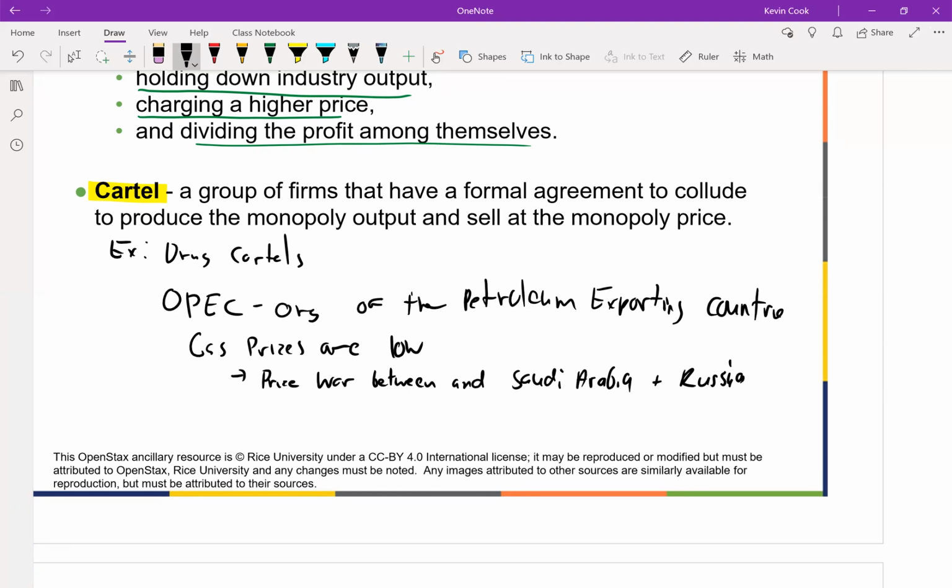Normally, what OPEC would do is they would cut oil production, with the idea being that they want to keep oil prices relatively high. They want to keep things stable, and so on. However, with this deal with Saudi Arabia and Russia, and if you just look it up, you can get a little more in depth with it.